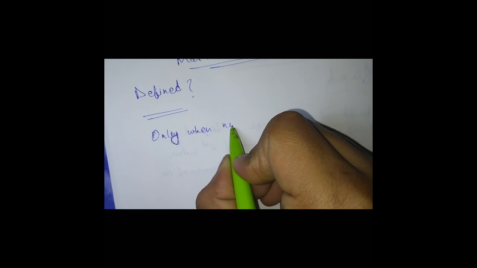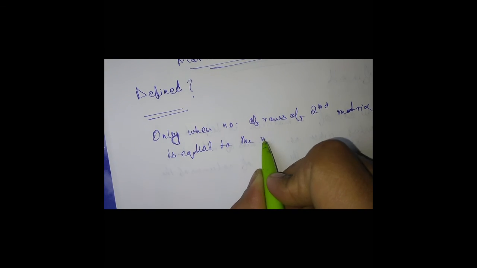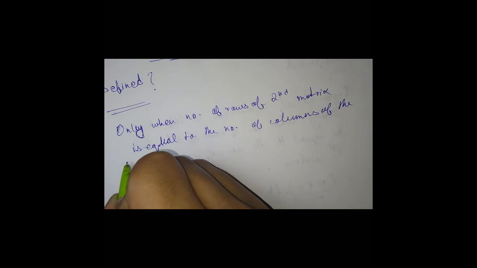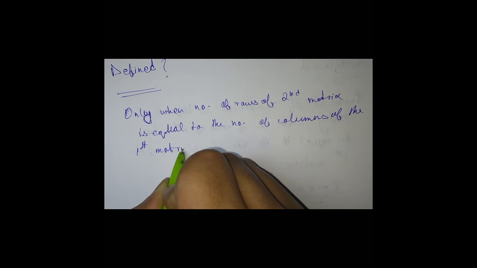Multiplication of two matrices is defined only when number of rows of second matrix is equal to the number of columns of the first matrix.